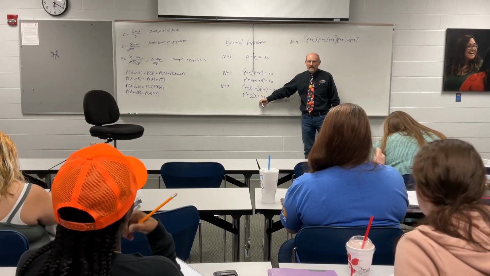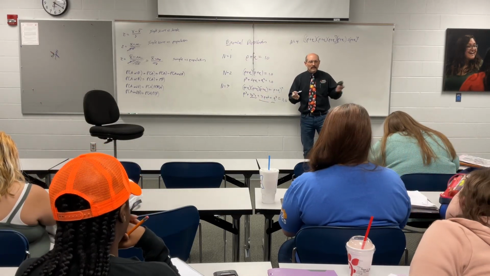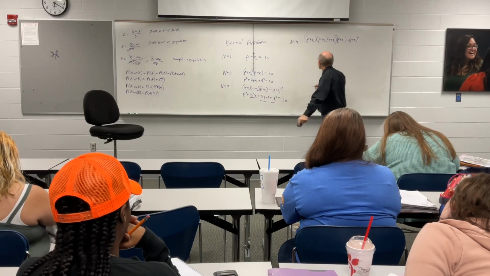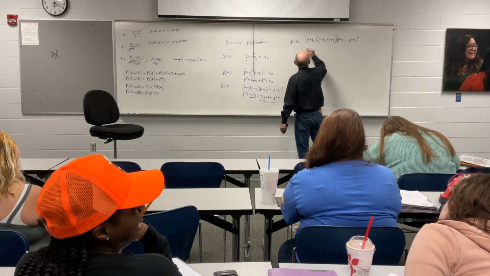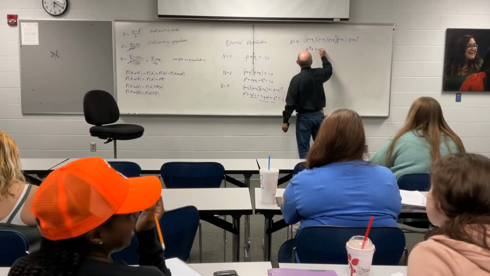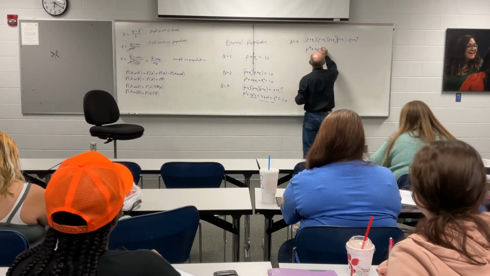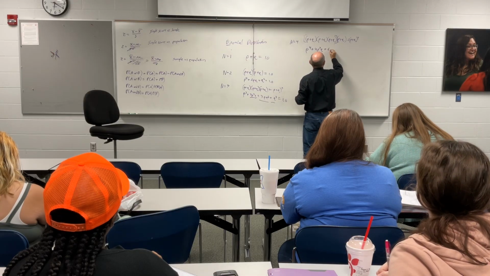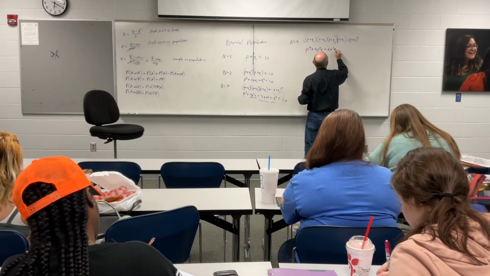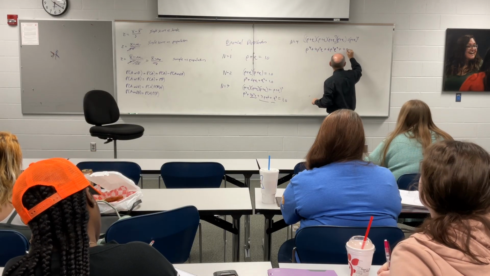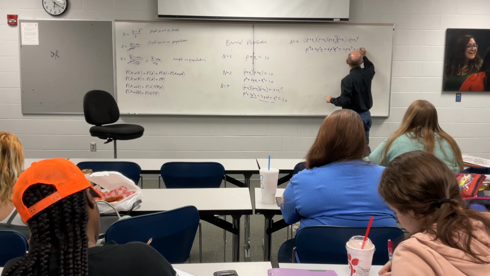If I go ahead and expand this to the complete polynomial, oops, let me do it this way. P to the 4th plus 4p cubed q plus 6p squared q squared plus 4p q cubed plus q to the 4th.